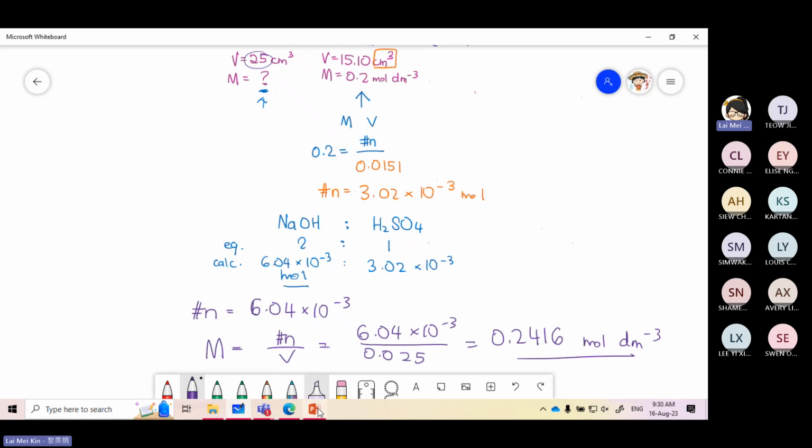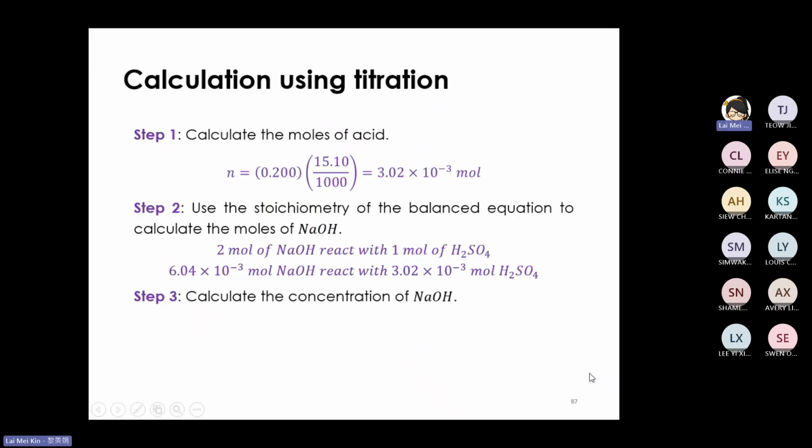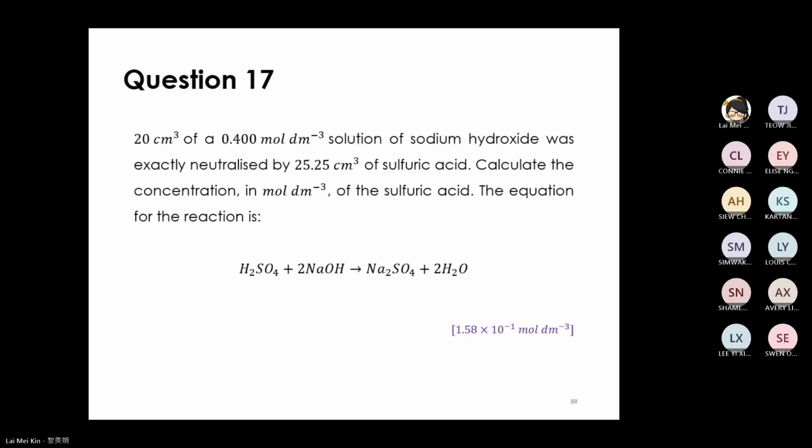Can you guys try question 17 on your own? It's exactly the same, of course with a different substance. Here will be the step by step: first, what do you need to calculate and everything, but I summarized it all on the whiteboard. Try question 17.